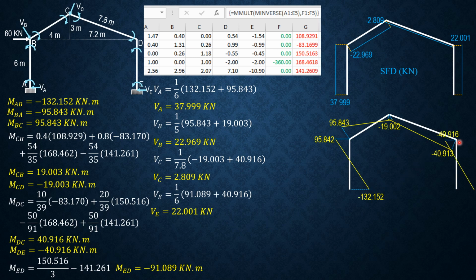Then negative 40.916 plus 22.001 times 6. So we'll have here 91.09. The expected value is 91.089. So that's very okay. So this is the bending moment diagram in kilonewton meter.